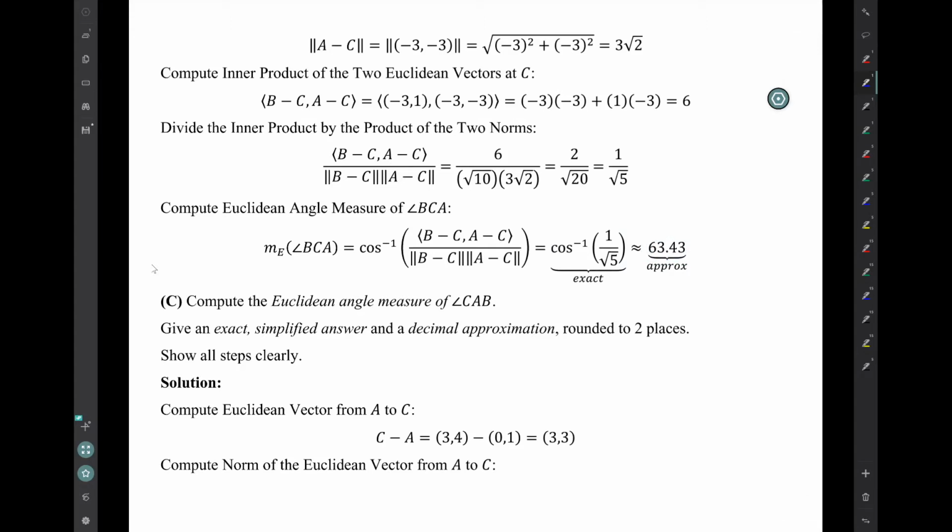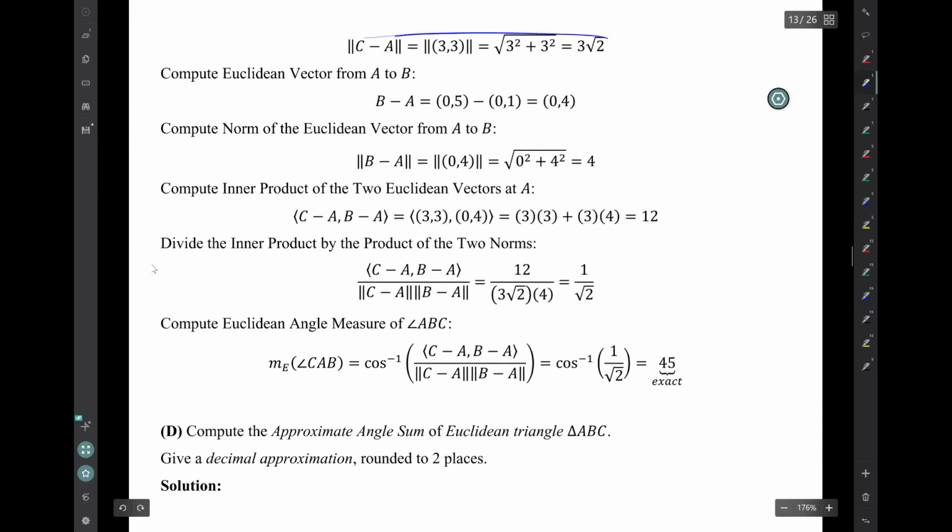And then finally, question C, compute the Euclidean angle measure of angle CAB. Well, it's the exact same thing that we just did in the previous two examples. I find this vector, and then I compute its norm. There's its norm. I compute this vector, and then I find its norm.